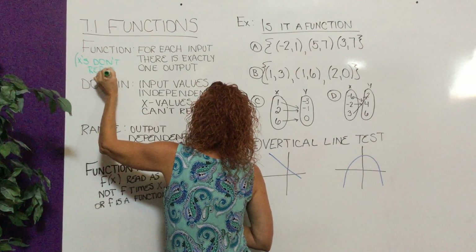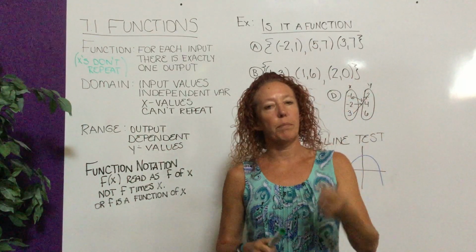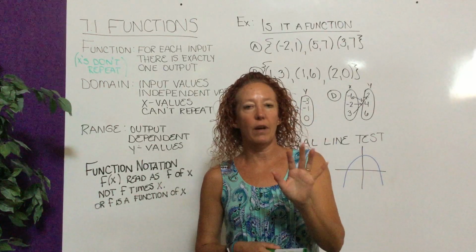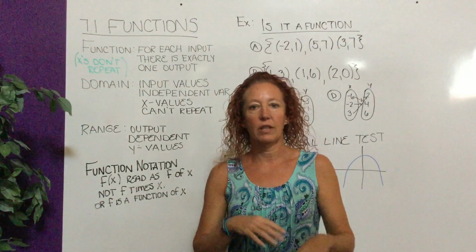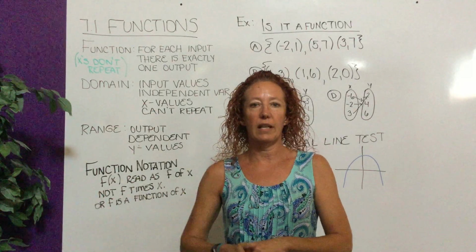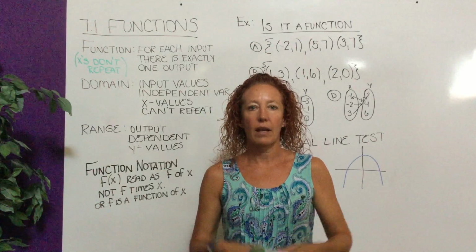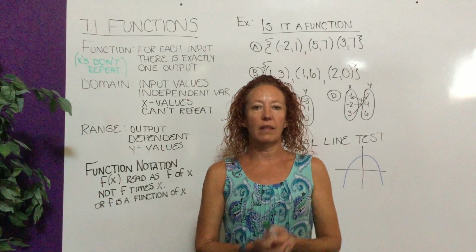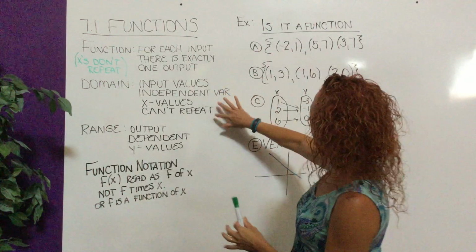You cannot have x's that repeat, meaning you can't plug the number 2 into a function and get 5 on one day, and then plug a number 2 into the same function and get negative 17 on a different day. It has to have a little bit more consistency than that. Every time you plug in, say, the number 2, you would expect the same output.